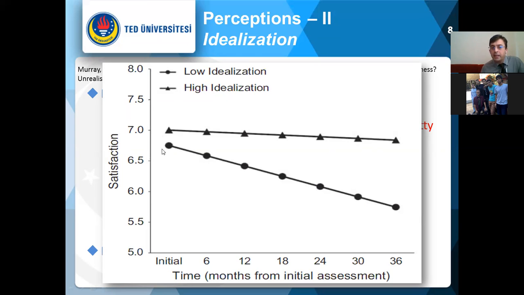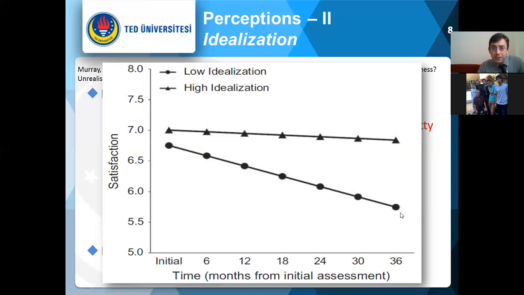So when dating, idealization doesn't work much, but in the long run, as the relationship advances up to 36 months, which means 3 years, initial idealization comes to predict our relationship satisfaction. The more we idealize, the more we are satisfied. But if we are not idealizing that much, in time, we lose our interest and satisfaction with our relationship.